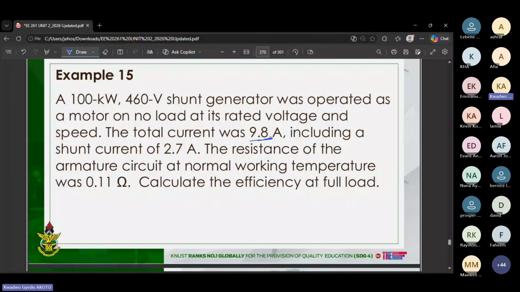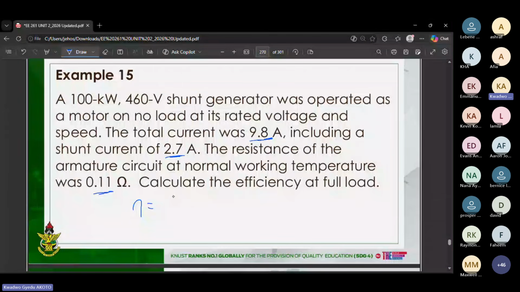So our field current is 2.7 amperes. The resistance of the armature circuit at normal working temperature is this Ra. Calculate the efficiency at full load. We know that efficiency is equal to output power over input power, right? So this here is our output power, because this is the power the generator is giving us.